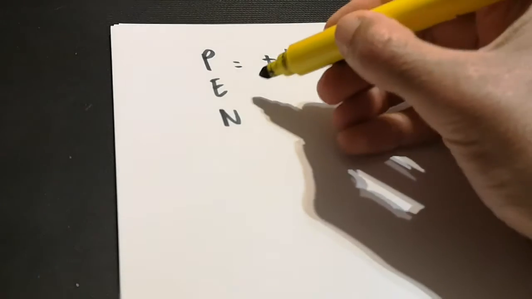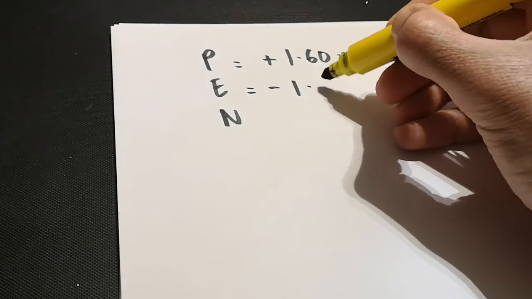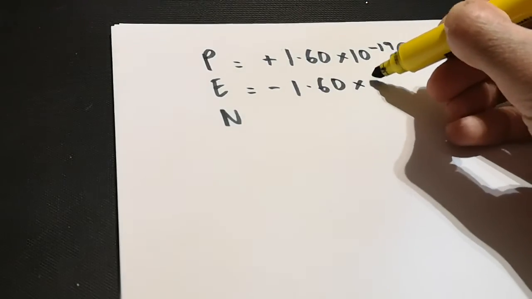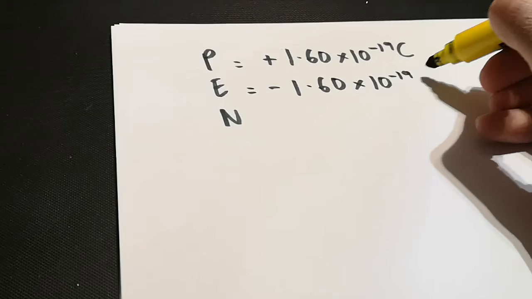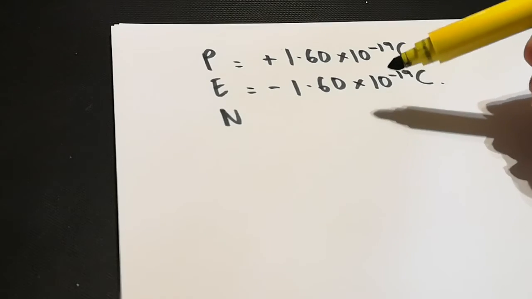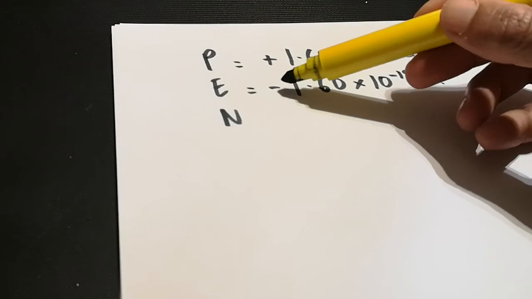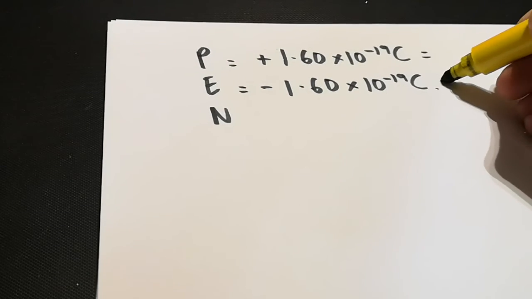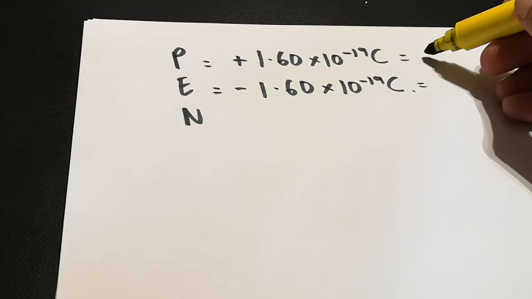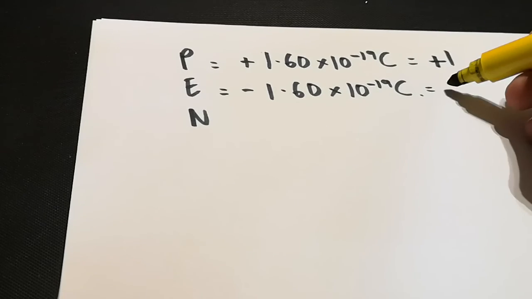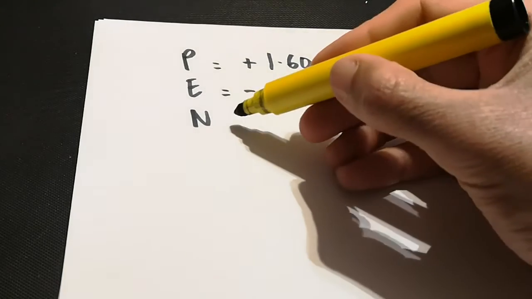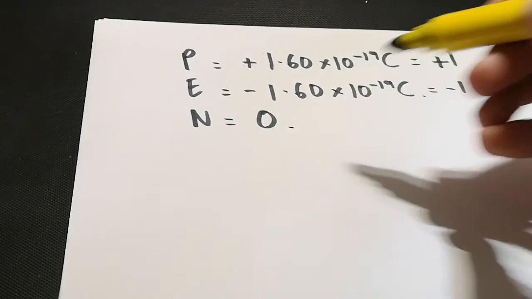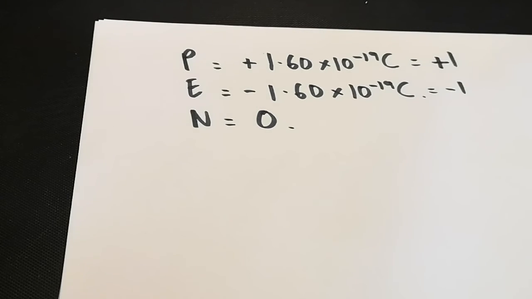And if we compare that to the charge on an electron, we see that the two charges had the same magnitude but a different sign. So what we do is we use the same philosophy we used a minute ago, and we'll go, okay, we're going to call that +1, we'll call that -1. Now, no surprises here. We've given that a value of 0.